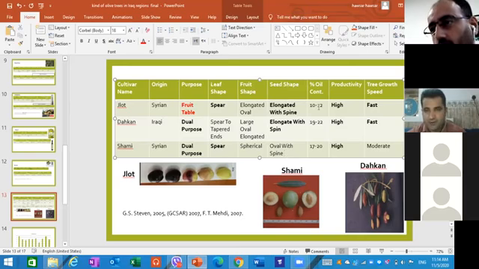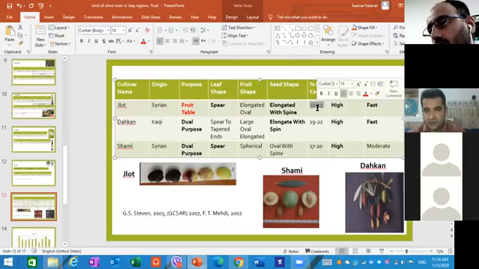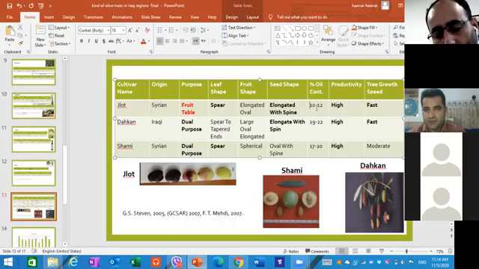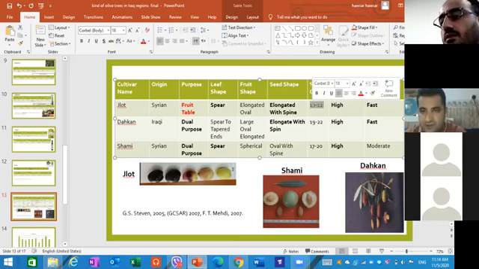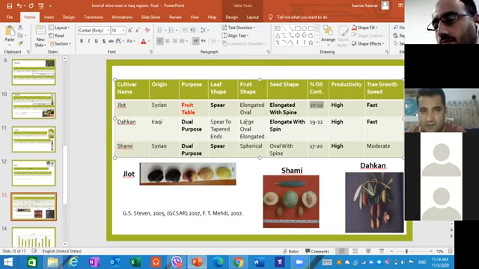About oil content, Jalut has very little oil, between 10 to 12. We can't use it for oil production because the oil ratio is very little. We can use it just for eating as a fruit table.